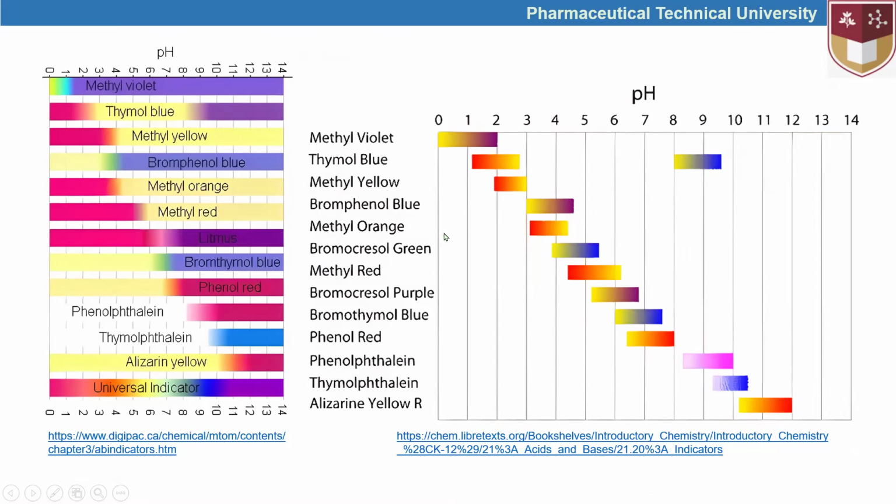Or in the example of methyl orange, we can see the changes between 4.5 until 3.2 can be determined. So when the color intensity starts not to change, starting, for example, from 3.2 in the example of methyl orange, we can make a conclusion that we reached the ending point.